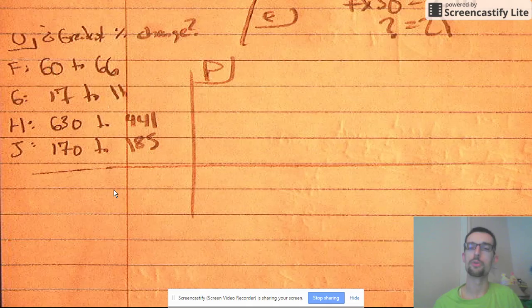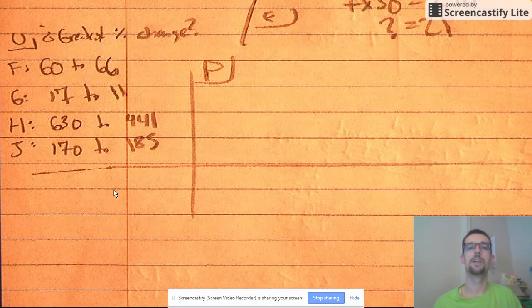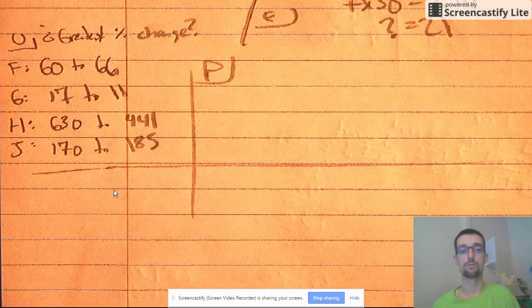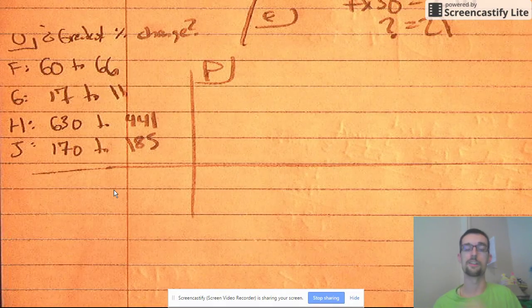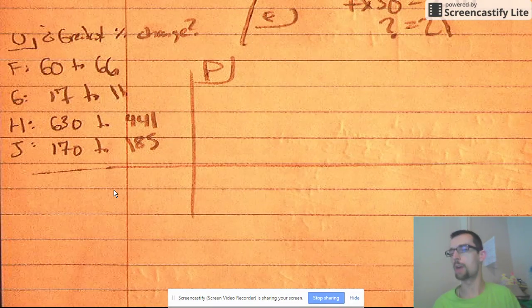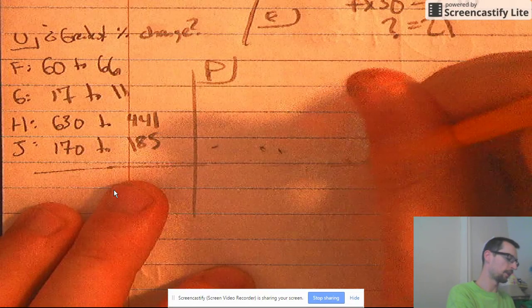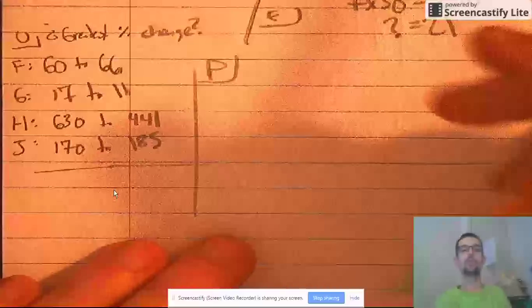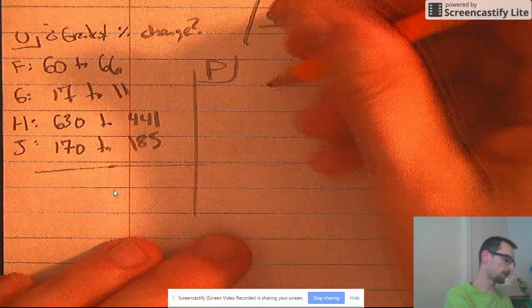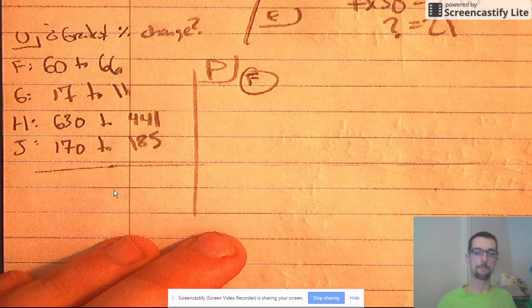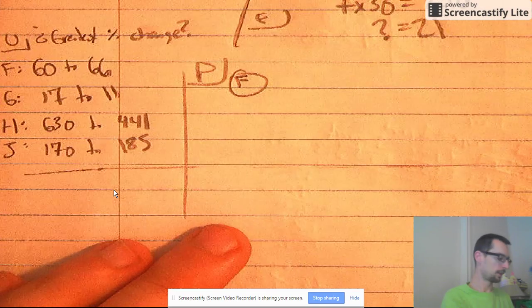So I'm going to go with ratio tables. Bar model's awesome, but remember, with a bar model you're doing a ratio table along with it. So I'm just going to do the ratio tables, and if I get confused, I'll draw a bar model next to it to clarify things a little bit. I'm going to erase this line because I'm going to have quite a bit of work here under my planning stage. So every answer choice is going to have its own ratio table. Okay, so for F, let's see here.